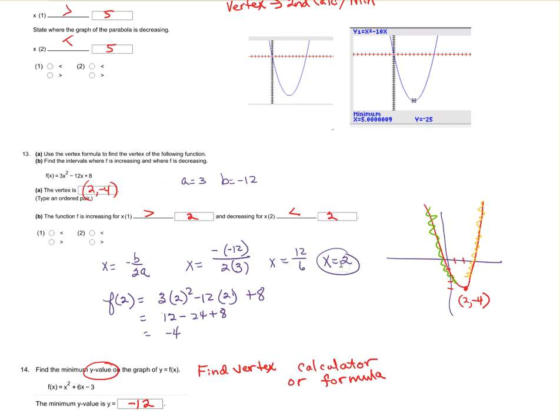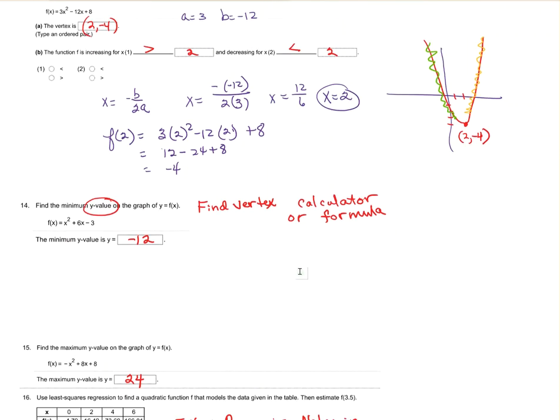That's the x part of our vertex. f of 2, we plug in here, and we end up with negative 4. So the vertex is 2, negative 4. If you sketch that, you can see it's decreasing for x less than 2, and increasing for x greater than 2. So that fills in that part.